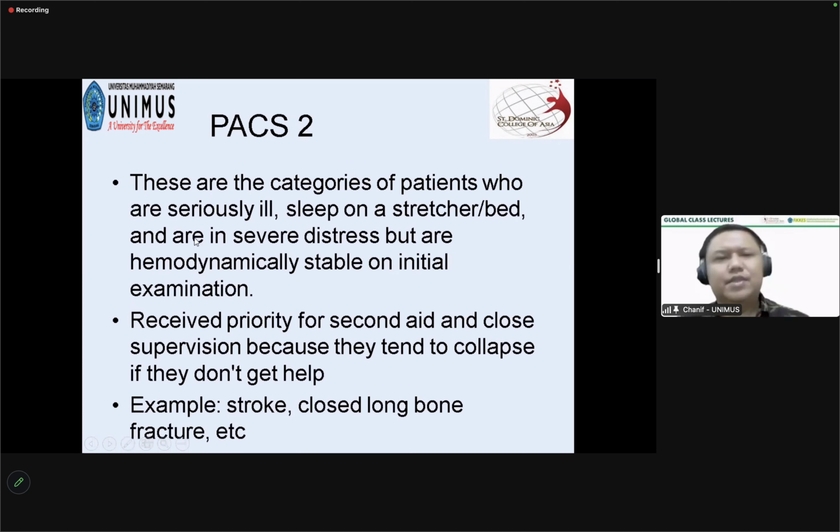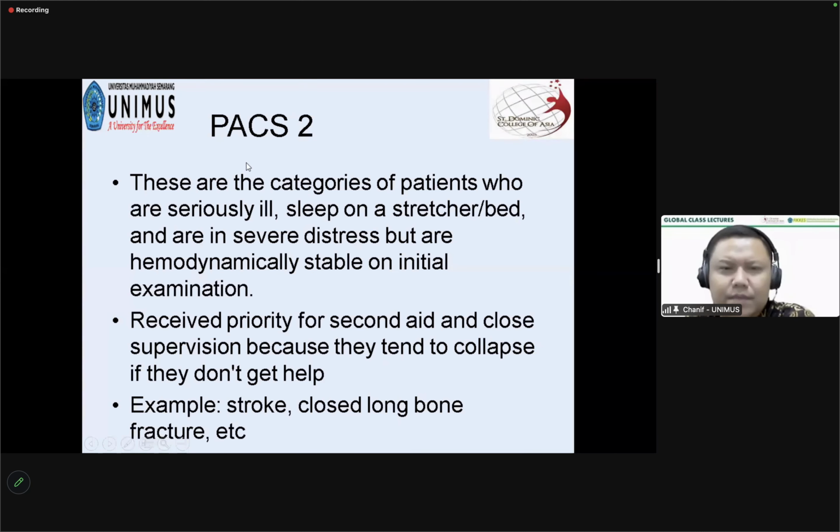About PACS 2, level 2, the category of patients who are seriously ill, who can lie on a stretcher or bed and are in severe distress but hemodynamically stable on initial examination. For PACS level 2, the patient is hemodynamically stable. They are a priority for second aid or close supervision because they tend to collapse if they don't get help.